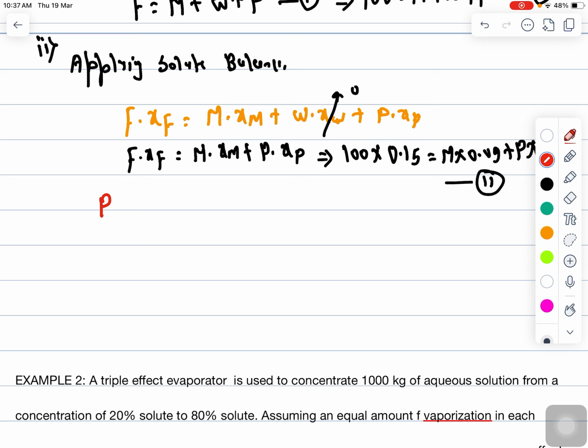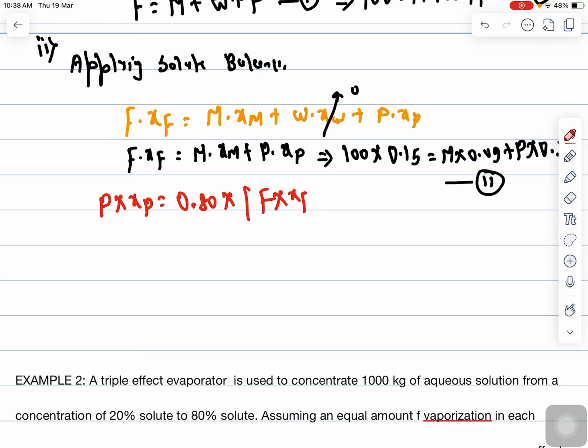So P into XP is equal to 0.80 into F into XF, right? F into XF is 15, so P into XP, the value you will be getting here, is equal to 12.